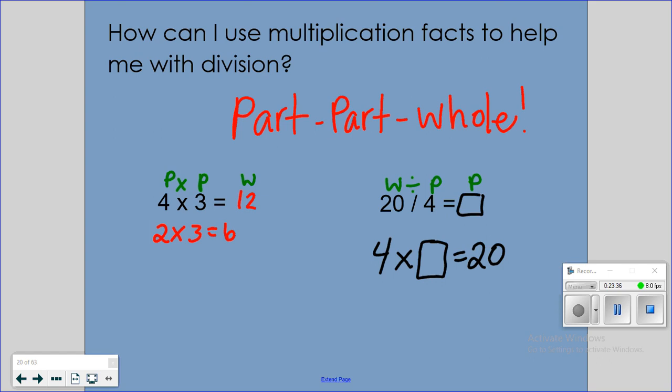Do you know what times 4 gives me 20? Victor, do you know it? Or do you have a question? It's like, the 4 times blank equals 20, and you're supposed to put the missing number.